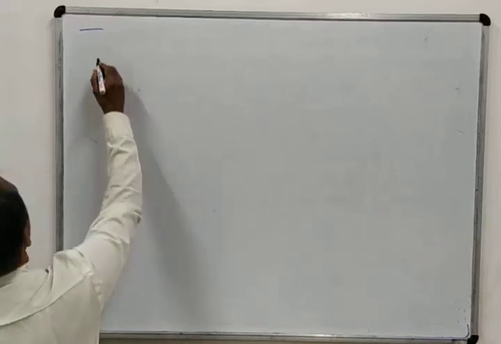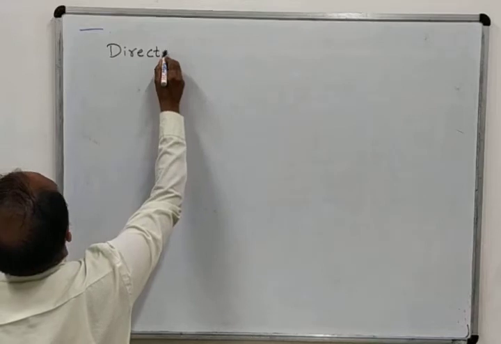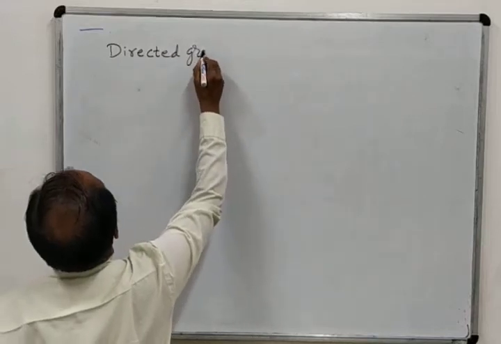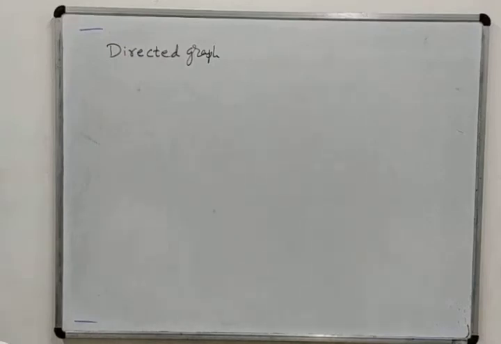Now we will see another definition, which is known as a directed graph, and then we will also see an undirected graph.